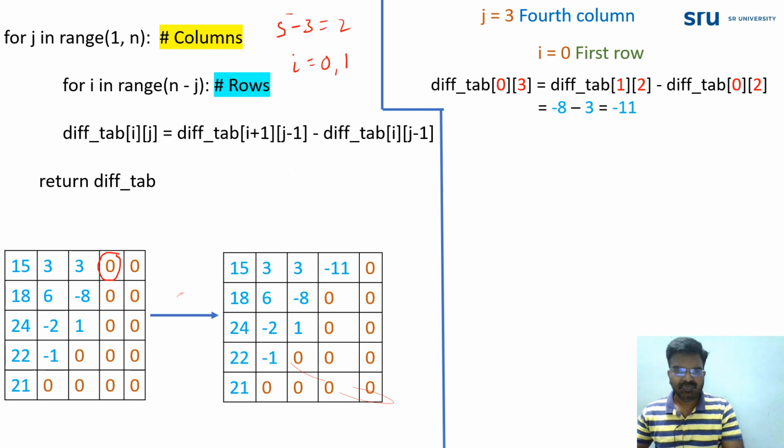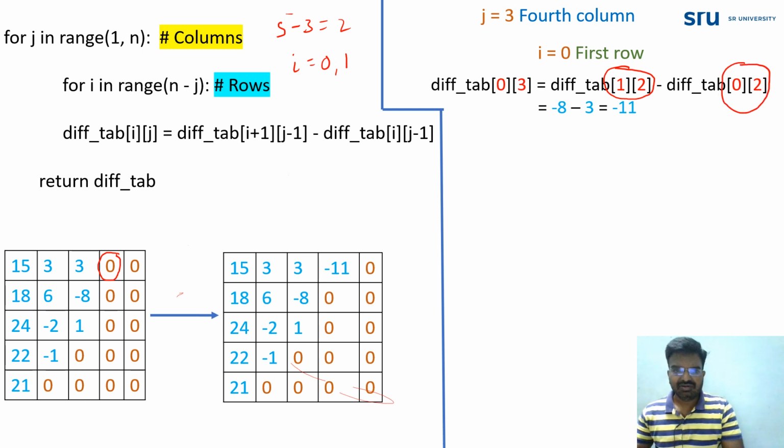It is in the second row, third column. Second row, third column means it is 1, 2. Index is 1, 2. You can observe that. Next, 3. 3 means it is in the first row, third column. First row, third column means what is the index? 0, comma 2. The index is 0, 2.